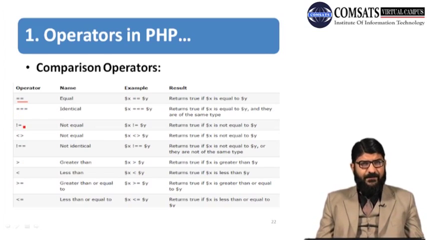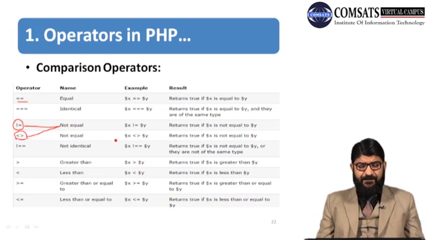Then not equal to, it will return true if the value of x is not equal to the value of y. And there is another way of writing not equal to in this way. So either you write in this way or you write in this way, they both are treated as not equal to.